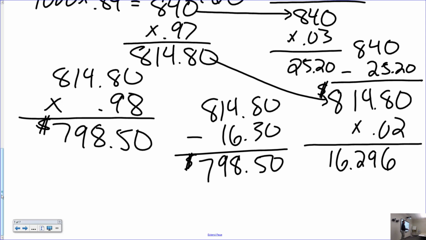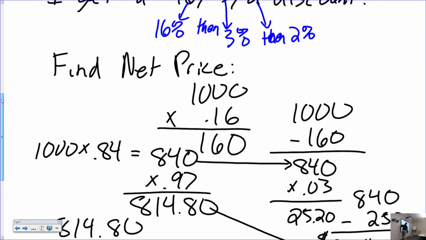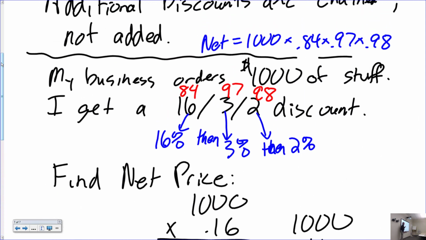Use the complements. And Alicia, this is why it doesn't matter what order you do it in, right? Because when you multiply numbers, does it matter if I do the 2% first or the 3% first? You think it makes a difference, but now you see why it doesn't, right?